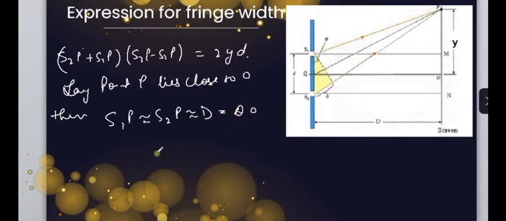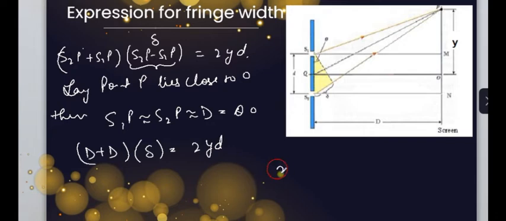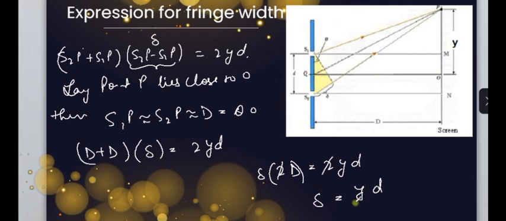So then the above expression will be reduced to D plus D. This S2P minus S1P, we have named the path difference, delta. So 2D into delta is equal to 2yd. Now 2 cancels with this 2, so delta will be equal to yd by D. This is the path difference between the wavelets originating from S1 and the wavelets originating from S2.